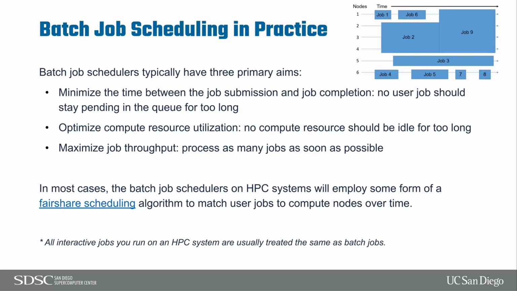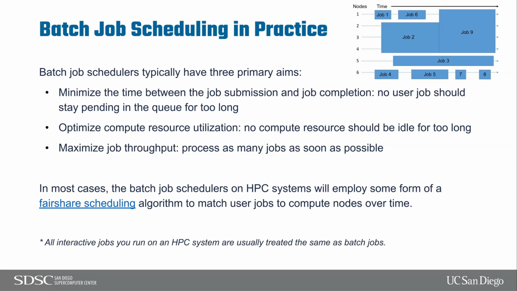However, there is also an important component that is noted here. In most cases, these job schedulers also try to employ what's known as a fair share scheduling algorithm, where essentially it's trying to share the resources available on the system among the users over time.